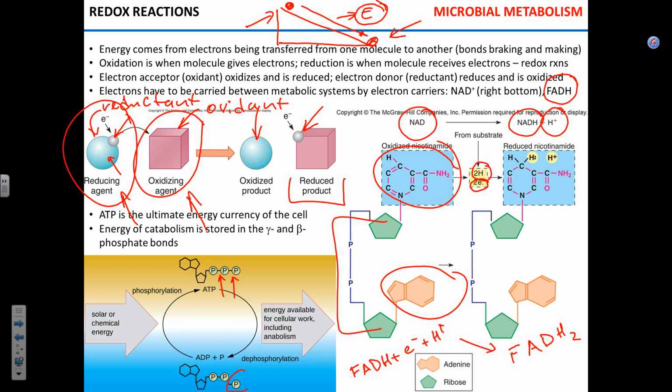You break down ATP, you get an inorganic phosphate and ADP, and energy is released. But in order to make ATP back, you have to use energy. Does that make sense? So you have to use energy to produce ATP, which then can release energy that's necessary for intracellular processes.